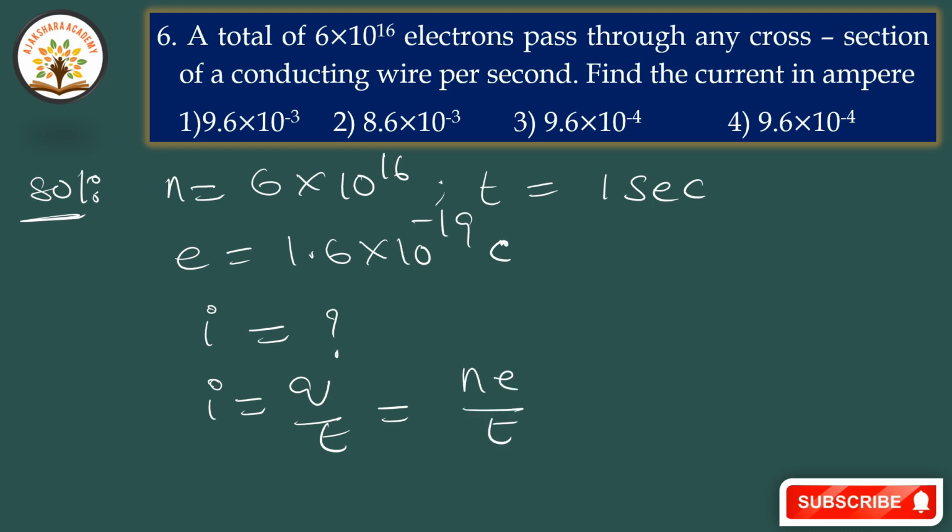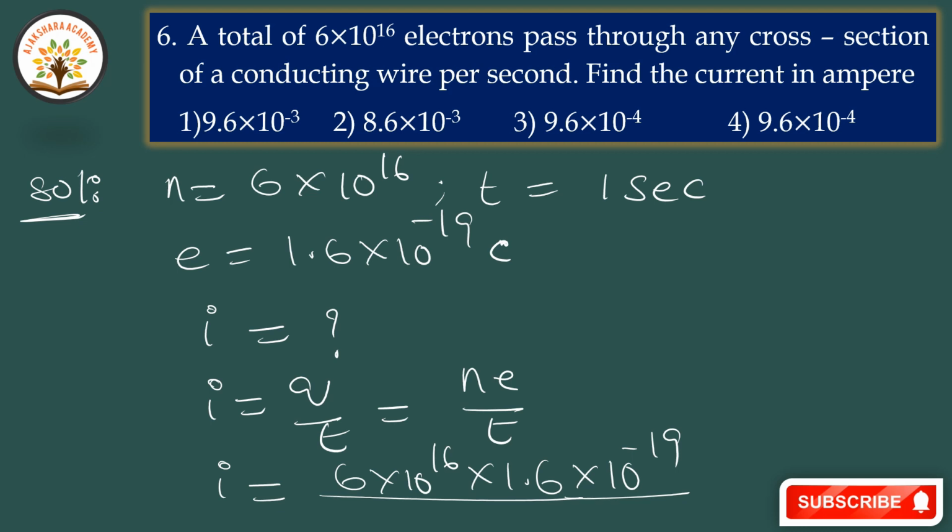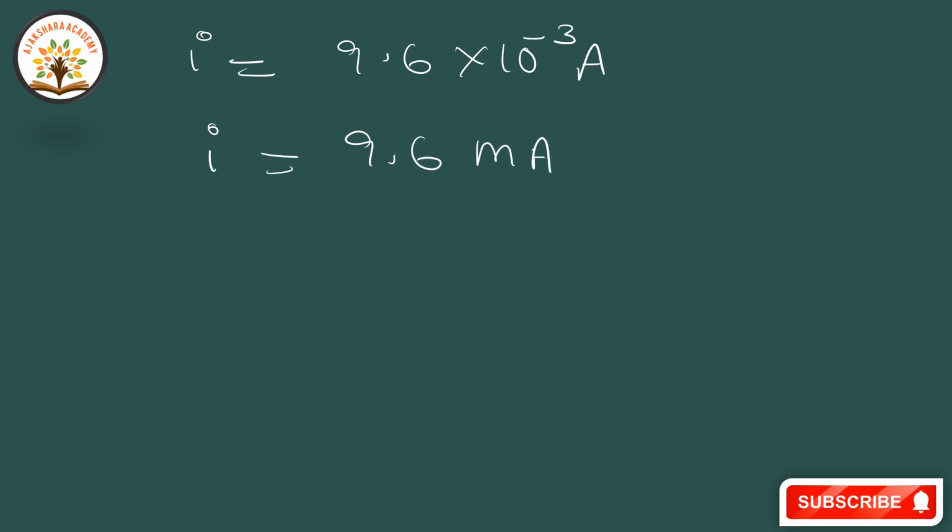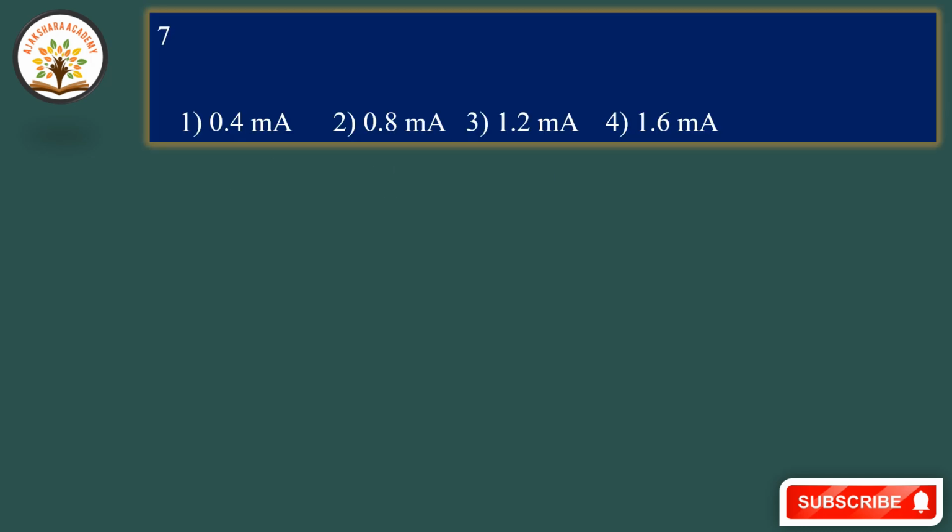Now substituting values, 6 into 10 to the power of 16 into 1.6 into 10 to the power of minus 19 by 1. So the current I is equal to 9.6 into 10 to the power of minus 3 amps, or this can be written as 9.6 milliamps.